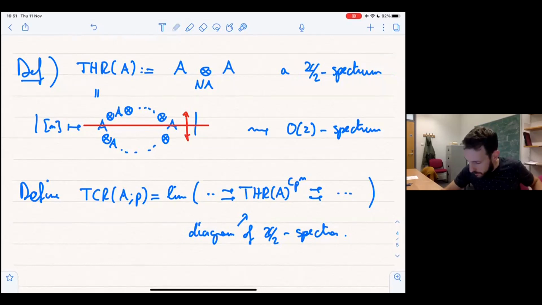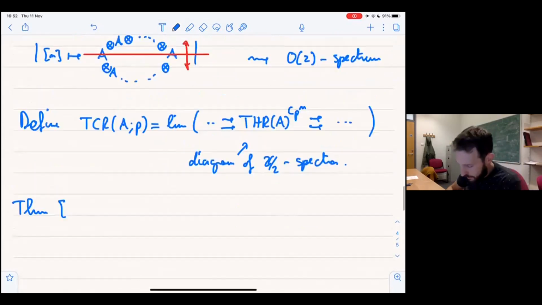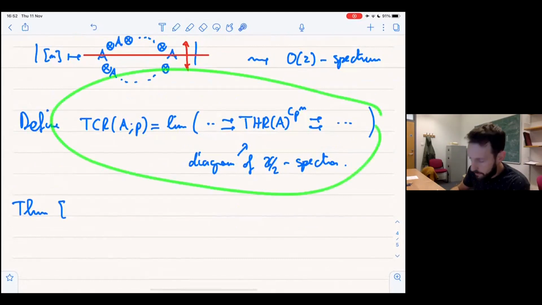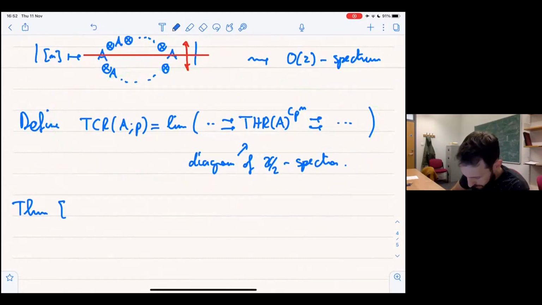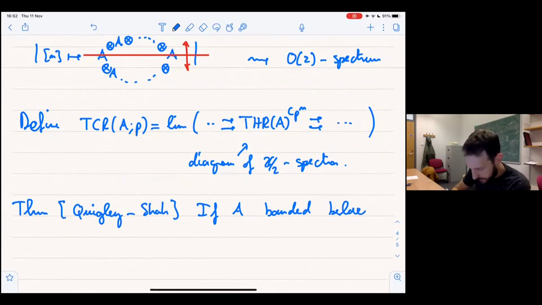And then there is a theorem that tells you that in fact you can write this down much more easily as an equalizer. So this is the theorem of Quigley and Shah, and it tells you that if A is bounded below, then I'm basically going to write the same thing.